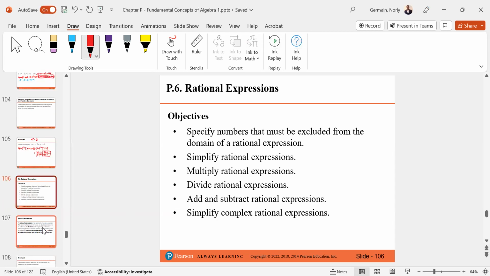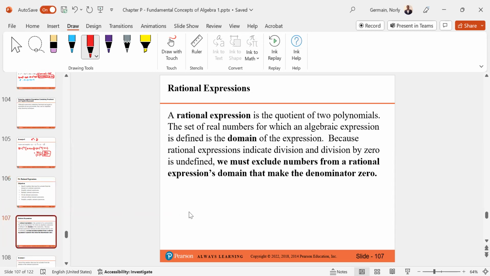Let's see very quickly the definitions. A rational expression is the quotient of two polynomials. For example, let's suppose we have x minus 3 over 5. That's a rational expression.